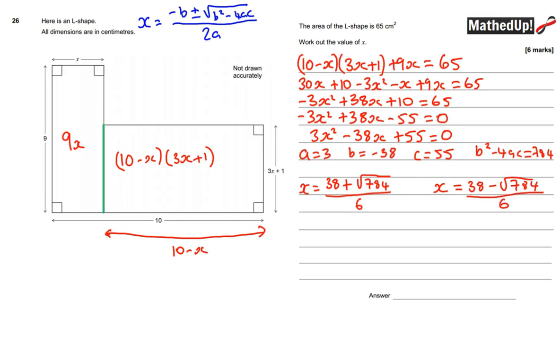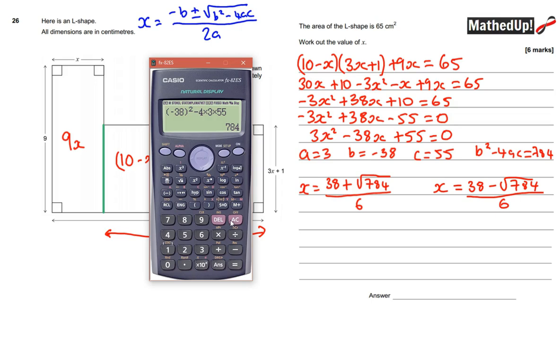So using my calculator now, I can work out that 38 plus square root of 784 divided by 6 is equal to 11.